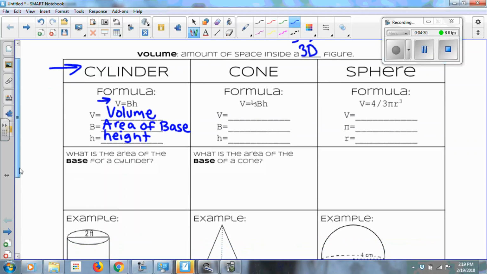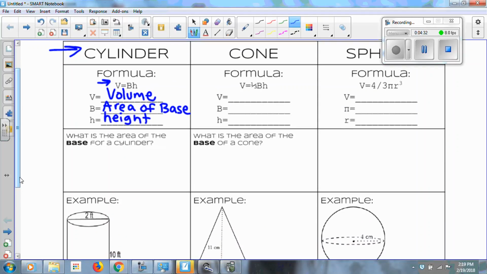So this is some basic information to get you started. And let's look at what the star chart told us. That's all I'm looking at is my reference sheet, and I'm already able to fill this out, not knowing anything, just looking at my reference sheet. What is the area of the base for a cylinder?